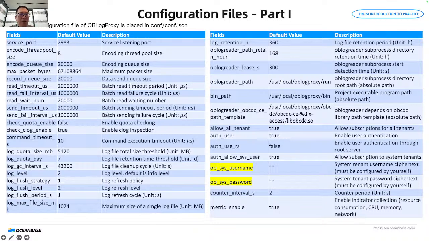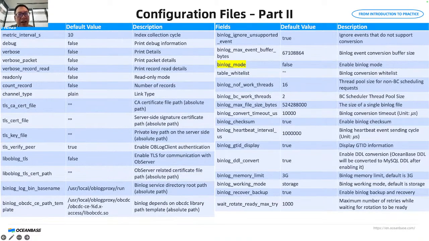For example, the OceanBase username and the password. Another thing is that we want to enable binlog mode. We need to set binlog mode to true. Currently, we use these three parameters, and most of the others don't need to be modified.